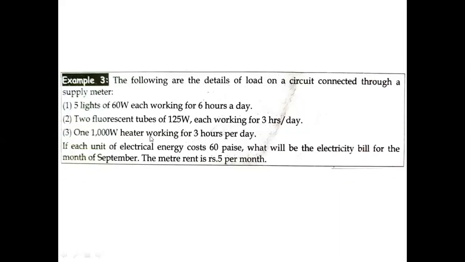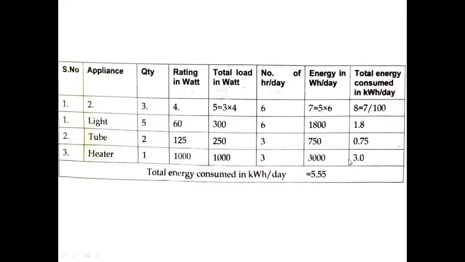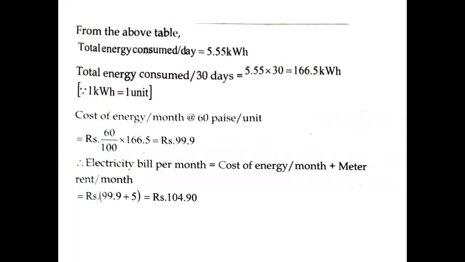Similarly, tube light, 2 fluorescent tubes, 125 watts, 2 into 125, 250, 250 into 3 hours, so 750. 750 by 1000 gives you 0.75. Next, heater, 1000 watts of one heater, working for 3 hours a day. So 3 into 1000, 3000. 3000 by 1000, 3. So this is the consumption per day. Total consumption is 1.8 plus 0.75 plus 3. That is 5.55 units. September month is 30 days.